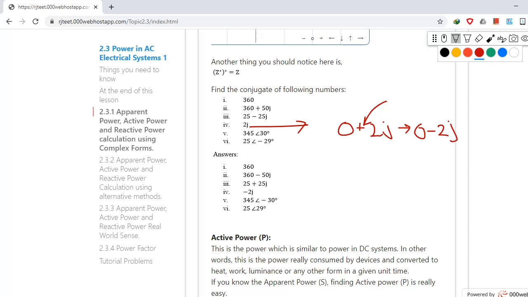So the conjugate of this 2j value is negative 2j, right? And let me do another one, maybe this one here. Obviously you are going to change the sign of the angle, and you are making the minus angle positive, so it's going to be 25 positive 29, right?